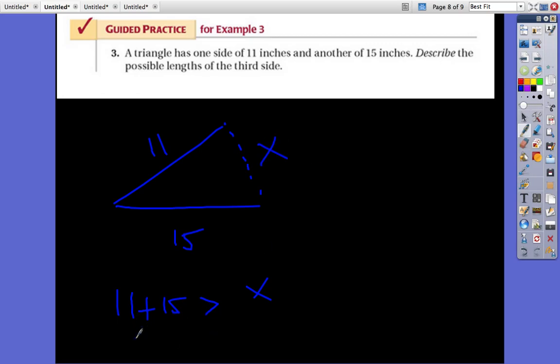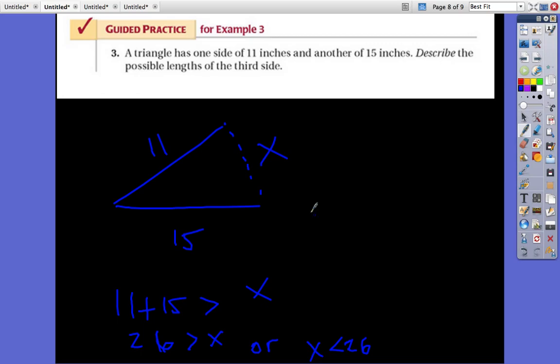If we add these two, we get 26. So 26 has to be greater than x, or this could be written as x less than 26. So this third side has to be less than 26.